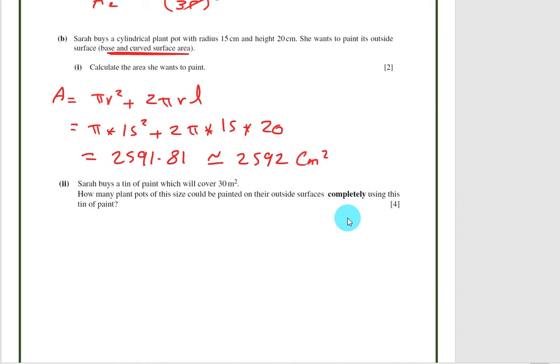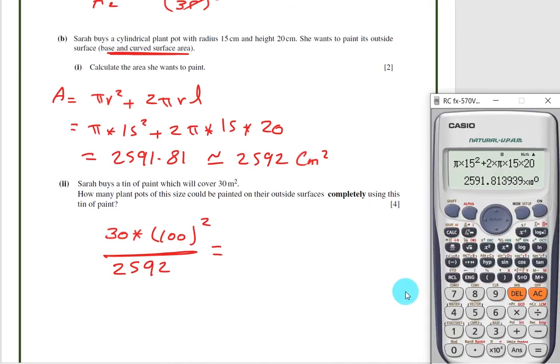So she has 30 square meters, so she has 30 multiplied by 100 squared square centimeters, divided by the surface area that she already has, 2592.